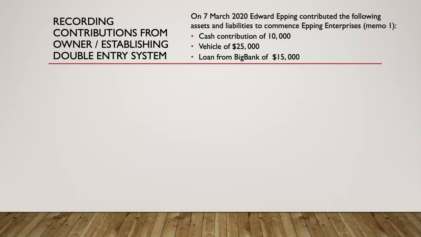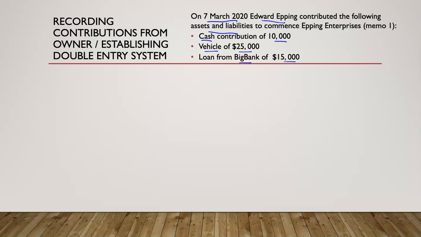Here we have an example on the 7th of March 2020. Edward Epping contributed the following assets and liabilities: cash of $10,000, vehicle of $25,000, a loan of $15,000. Now, before we go to our general journal, we can actually work out what has happened.